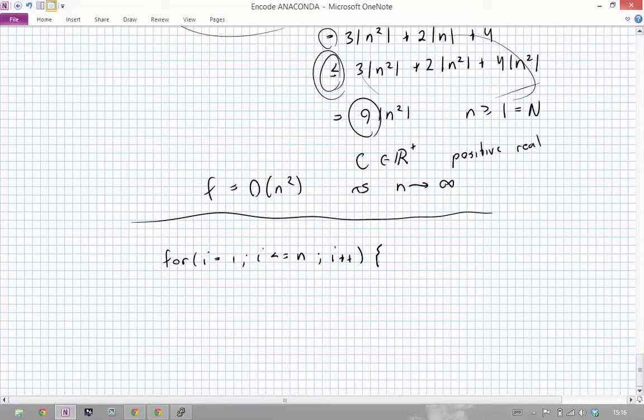And let's say that we just do something like sum equals 0, sum plus equals i. And what I want to do is estimate the runtime of this loop. How long does it take the computer to run this loop?